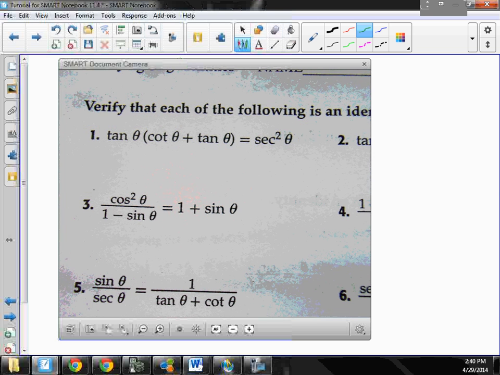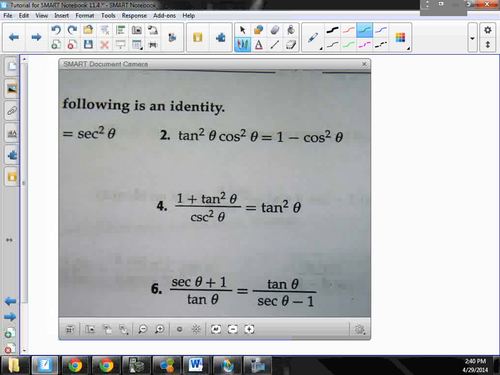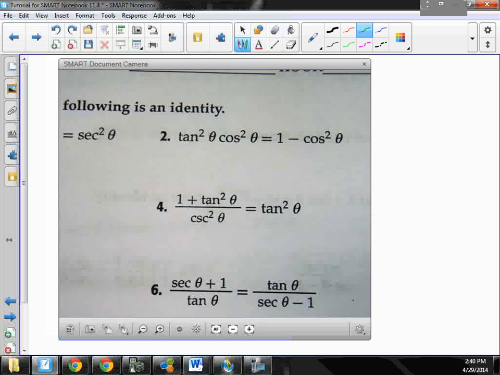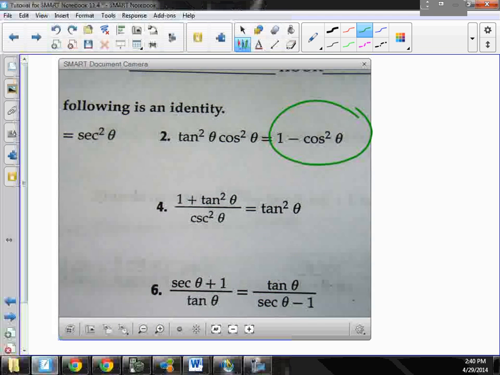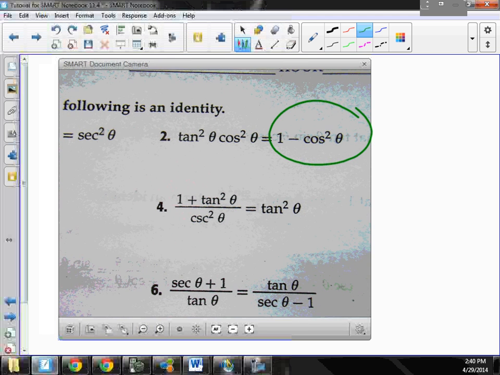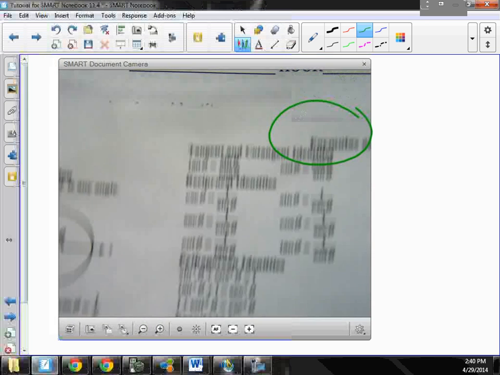Number 2. Is 1 minus cosine squared anywhere on the reference sheet? Well, it's not on this reference sheet, really.